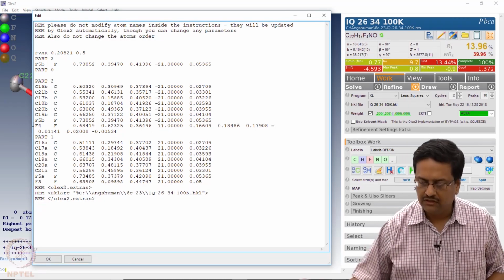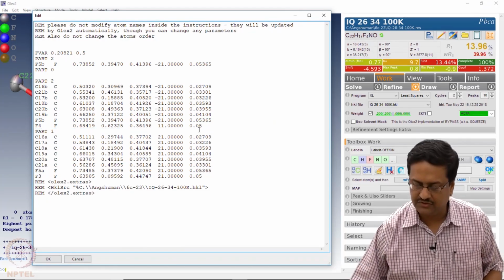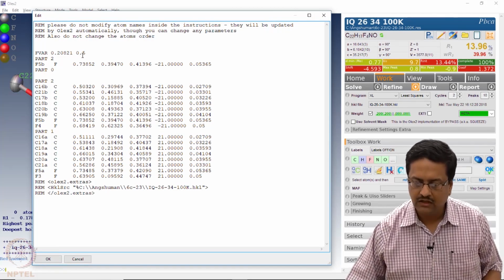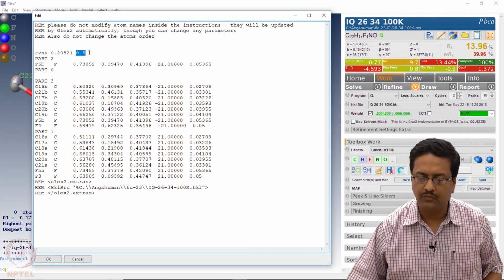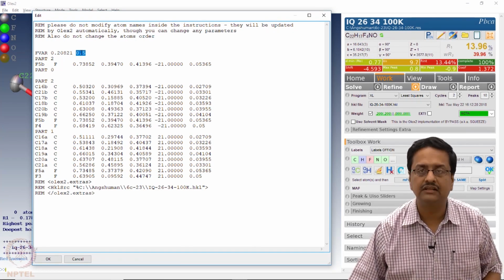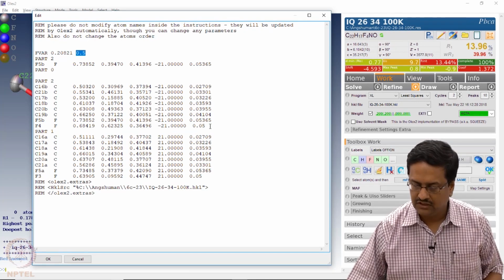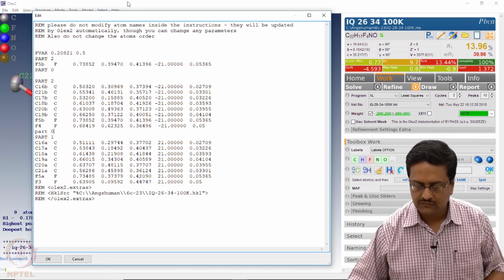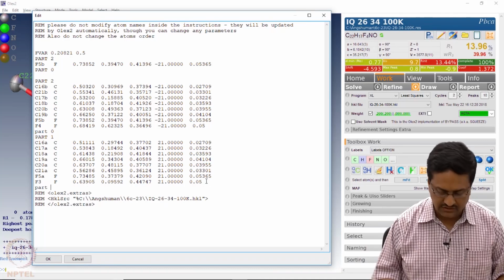F4 goes to the other part and we make it isotropic and make it minus 21, and here it is FVAR 0.5, the free variable is 0.5, which means these two fractions are 50-50 populated. So we should conclude this with part 0 and this also with part 0.